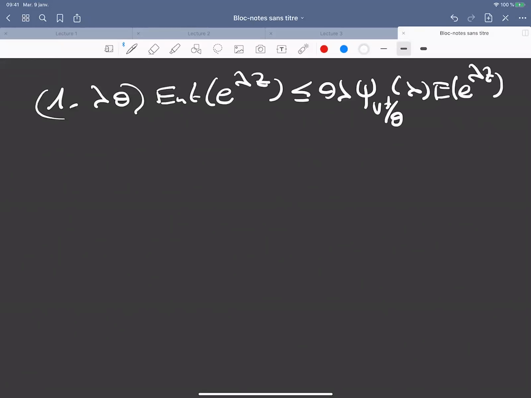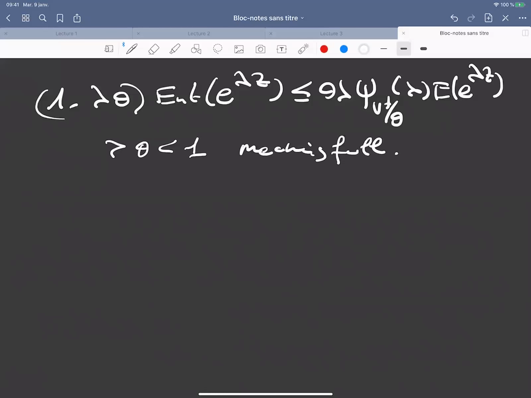So this means that if lambda theta is less than 1, this is meaningful. So this makes sense if lambda is not too large as compared to theta.